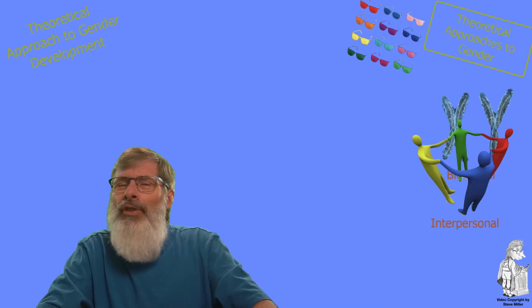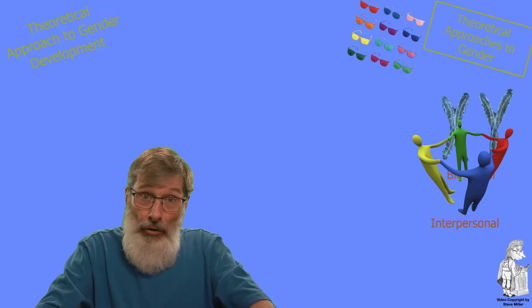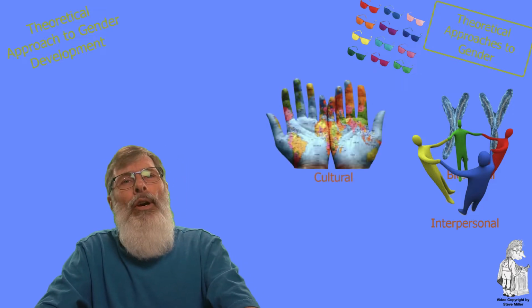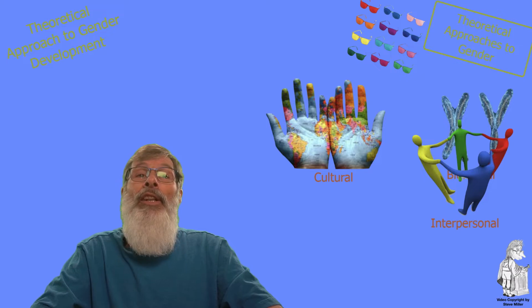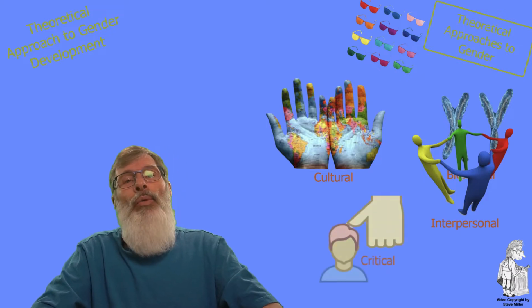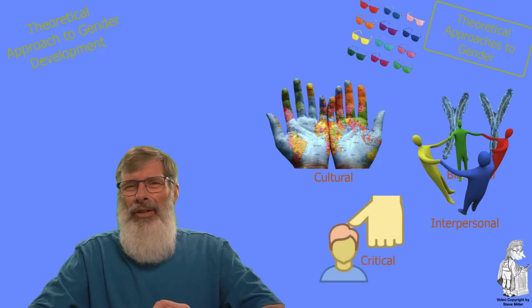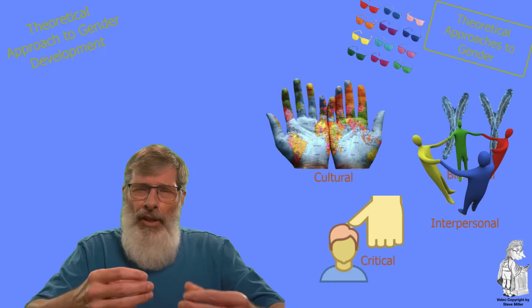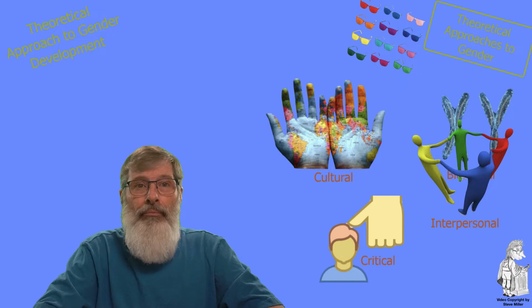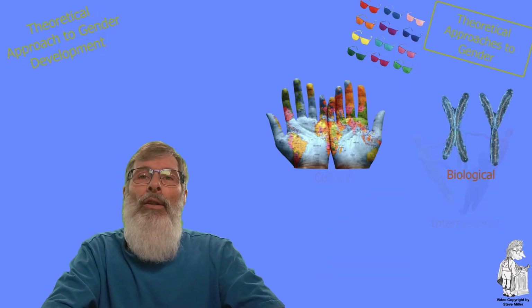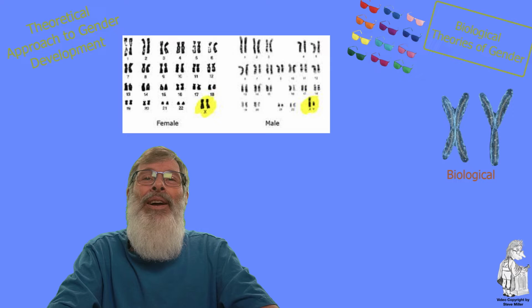It involves some psychology. The cultural theories are going to look at the larger influences of culture on gender. And then lastly, we're going to look at the critical theories. Now, critical theories are a little different in that they focus on the oppressed groups and how they can become more empowered.